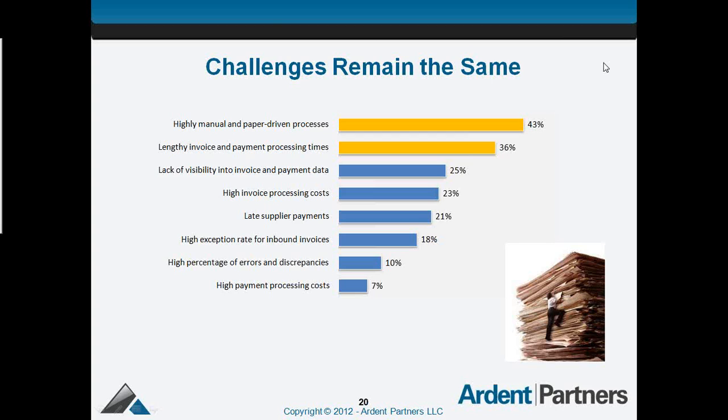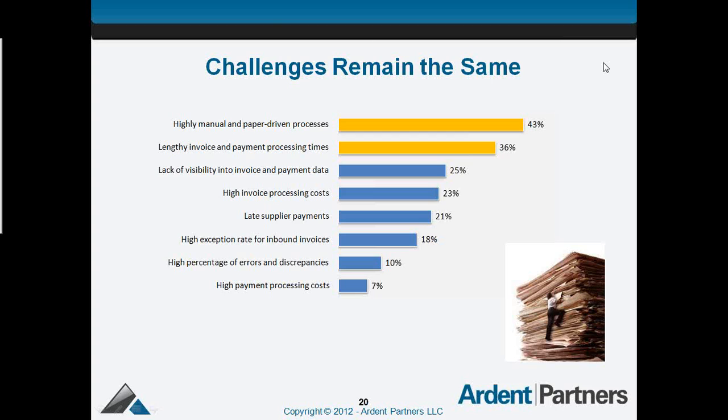You can see from this chart here that it's highly manual, paper-driven processes and really lengthy invoice and payment processing times. These are challenges that we've heard about from AP for several years now. And it seems that for the majority, AP has not been able to overcome these. So they're still facing these challenges.